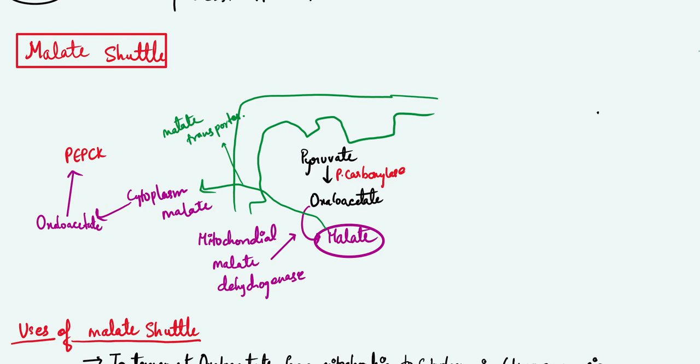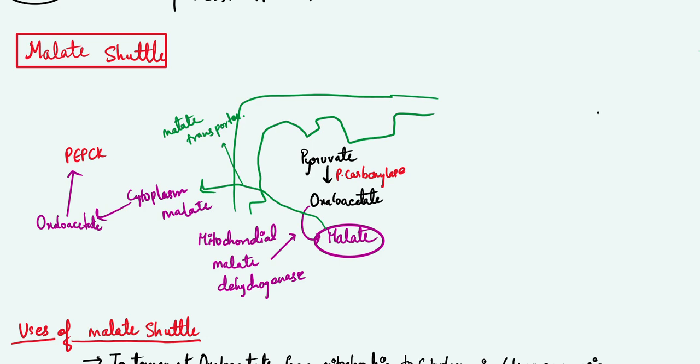Then the second step includes the transport of malate into the mitochondria. Malate crosses the inner mitochondrial membrane via the malate alpha-ketoglutarate transporter. The third step is the oxidation of malate to oxaloacetate in the mitochondria, with the help of the mitochondrial malate dehydrogenase enzyme.